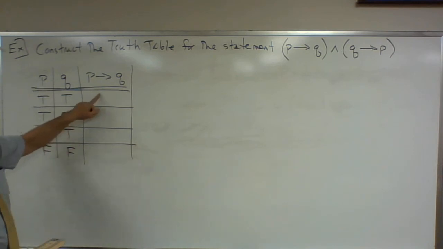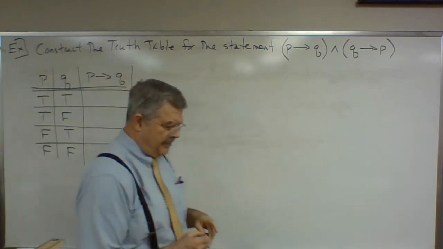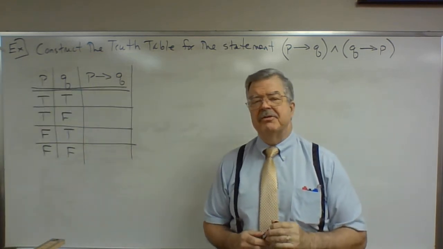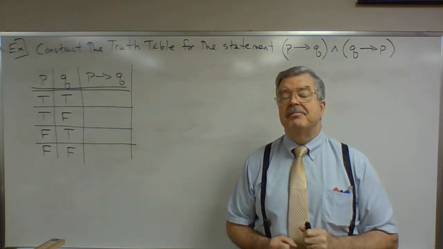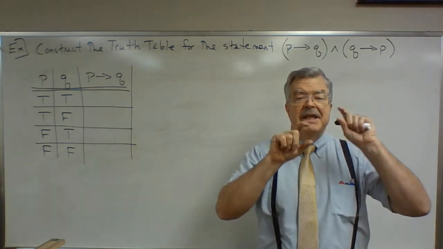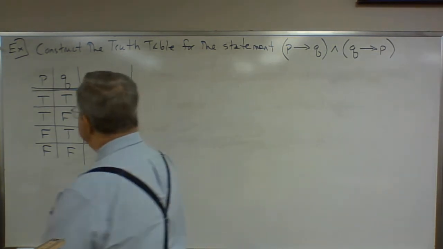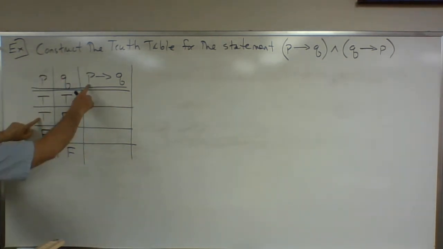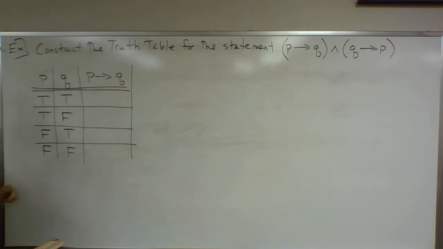P implies Q, or if P then Q. This is a conditional statement. What's the special case for a conditional statement? The special case is true implies false equals false. So do we have P true implying Q false? We sure do.